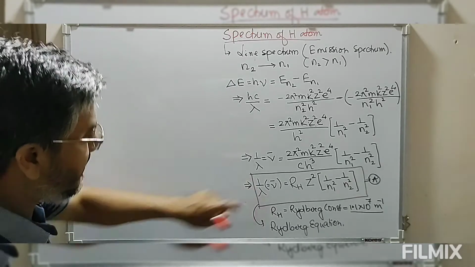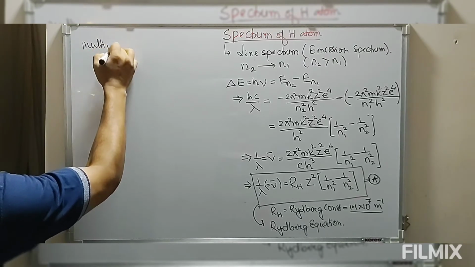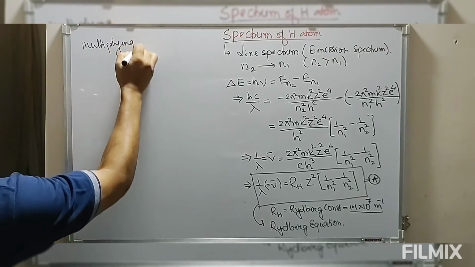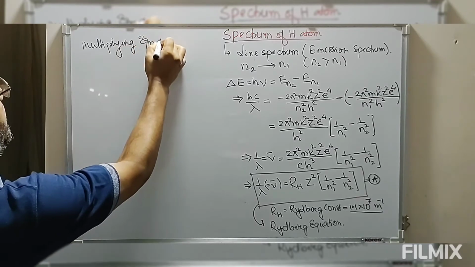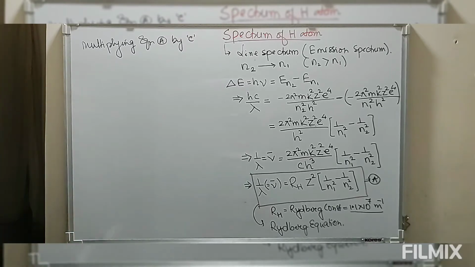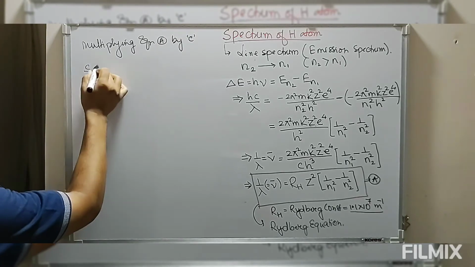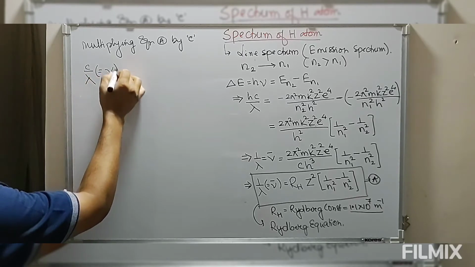If we multiply this equation A by c, the speed of light, we get c by lambda, and c by lambda equals the frequency.